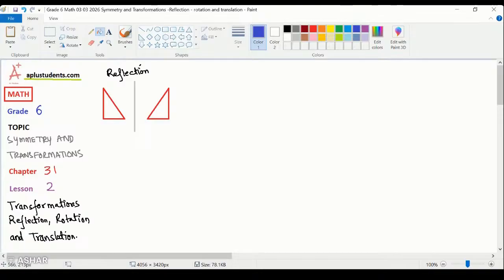So we can say if this was the object, then this will be the image at the same distance, and this would be the line of reflection. Agreed? They will always be at the same distance, right? The line of reflection in this case is the mirror.